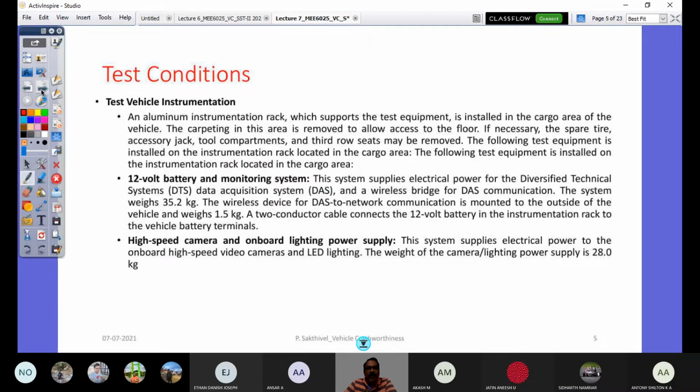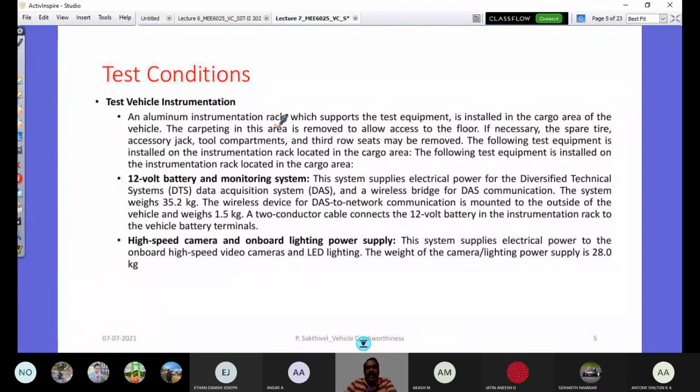If we continue, you see that an aluminum instrumentation rack which supports the test equipment is installed in the cargo area of the vehicle. The carpeting in the area is removed to allow access to the floor. If necessary, the spare tires, auxiliary jack, tool compartment, and third row seats may be removed in case it is a long vehicle.